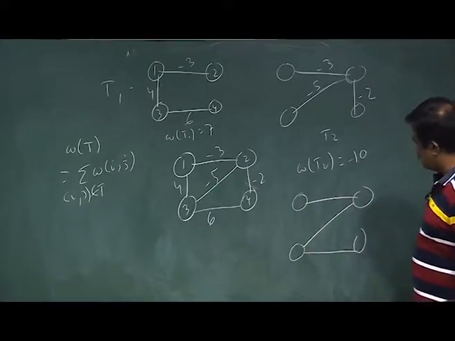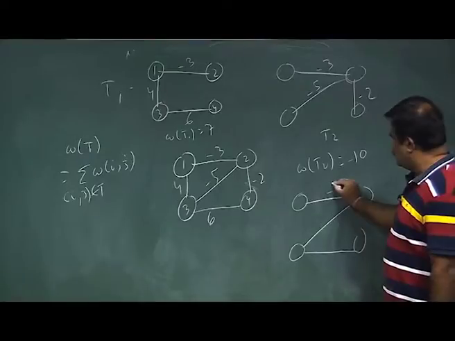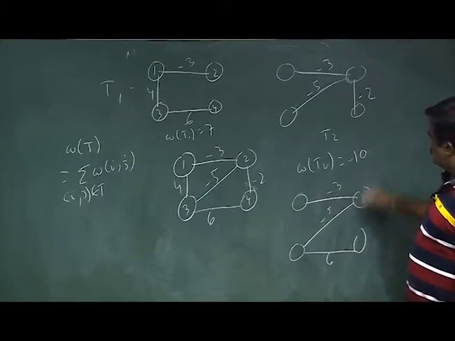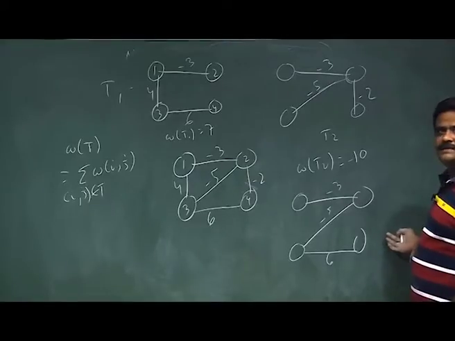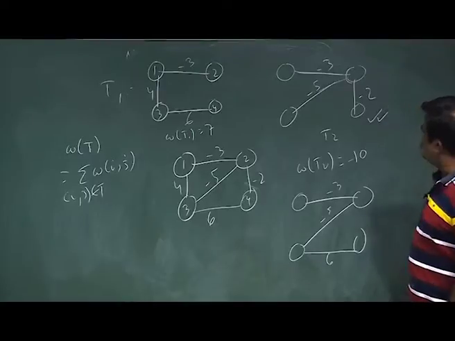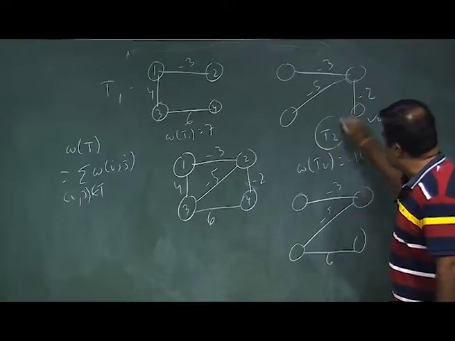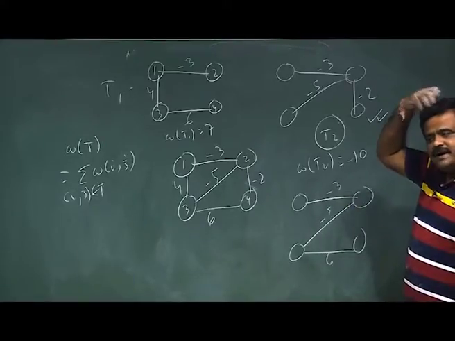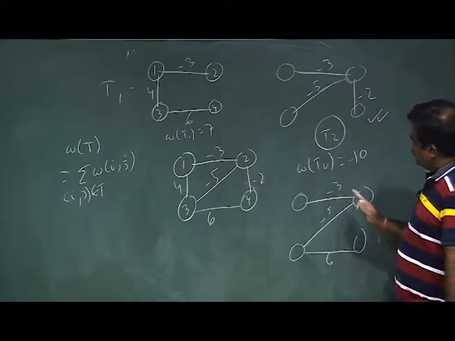This is also a spanning tree, and the weight is -3, -5, 6, so it is not less than this. We can have some other spanning trees also. Among these, I think this one is the minimum one. This should be the output of the minimum spanning tree algorithm.